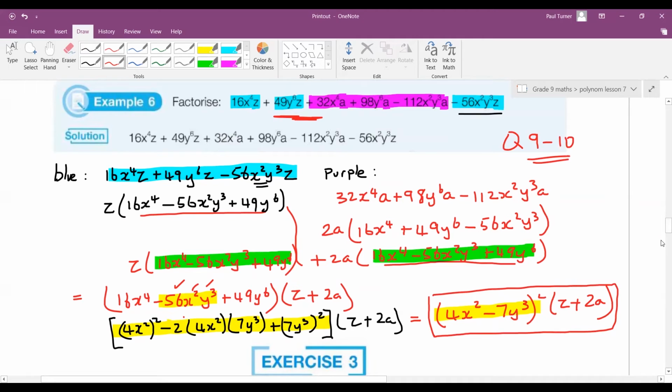So I'll leave that page there for a few minutes and you can copy that down if you want. It's in your textbook though, but they probably showed you a slightly different way of doing it. Okay, but that's the way I did it. So I'll leave it there for 5 minutes.